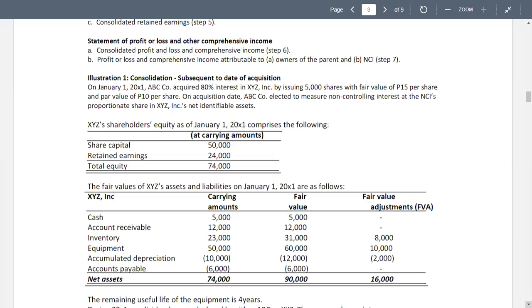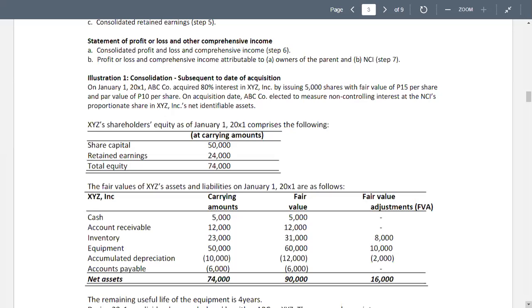So the carrying amounts of the assets minus the liabilities, in other words, the carrying amount of the net assets amounted to 74,000. The fair value of these assets and liabilities is 90,000. So the increase in fair value, comparing it with the carrying amount, is 16,000.